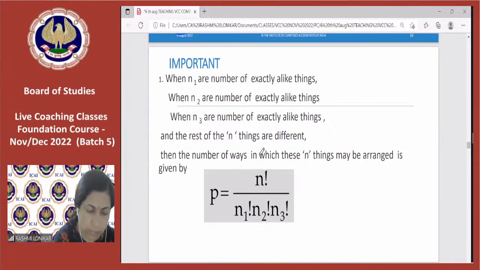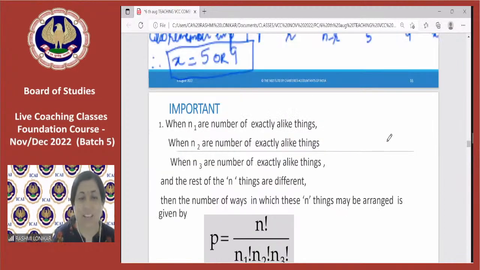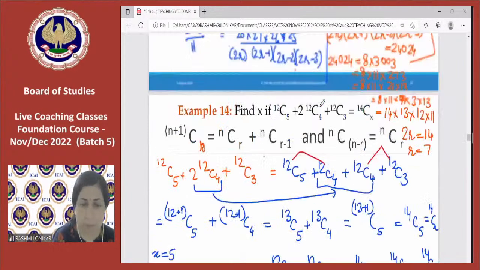Yes, Kirti. X is 5. Right? Okay. So important here, you have to remember are the two formulas.